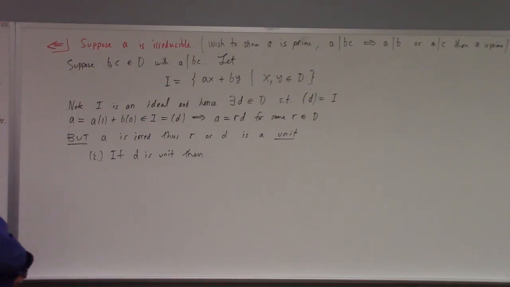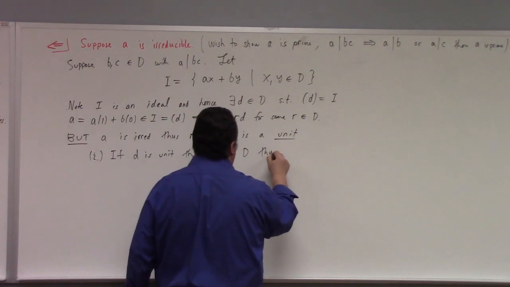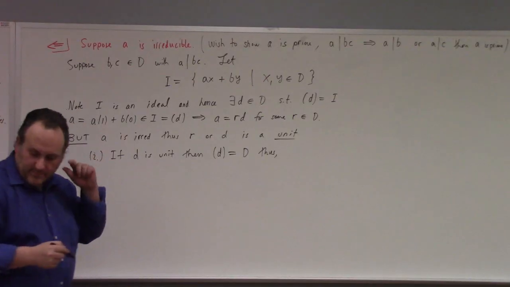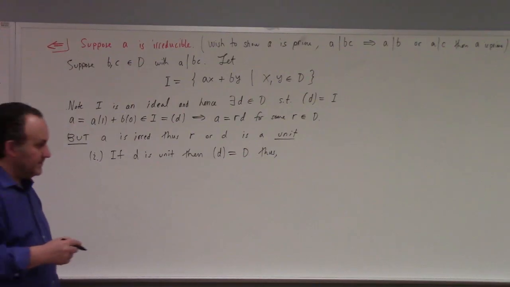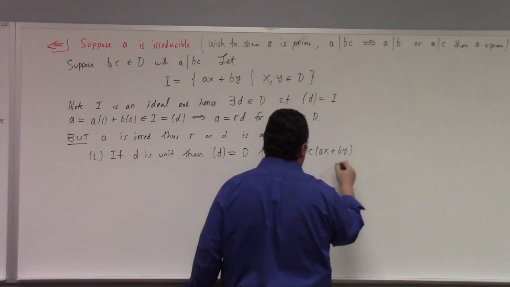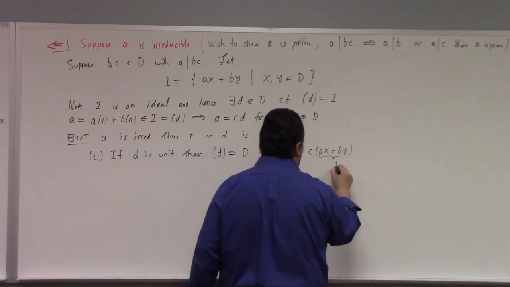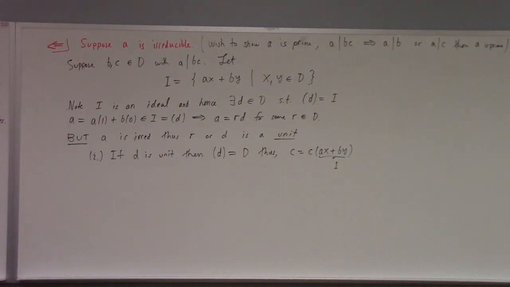D is then D is equal to D. Thus, well, certainly we can say that C is equal to C times AX plus BY, right? Like I can make this 1. I can choose X and Y to make that 1 because it's everything, right? So there have to exist particular ring linear combinations which attain the unity in the ring. And of course I can write C like that.